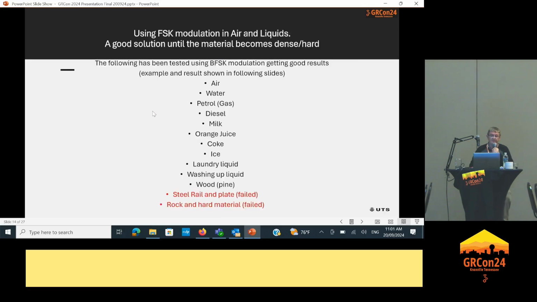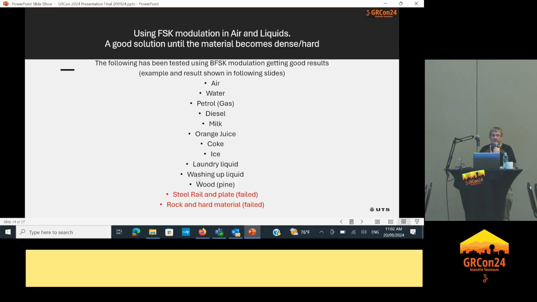These are some of the results that I got from using binary FSK. Obviously you're not going to use this method for transmitting in air, because you'd just use a radio. But for the other substances like water, petrol, diesel and milk, it worked quite well.